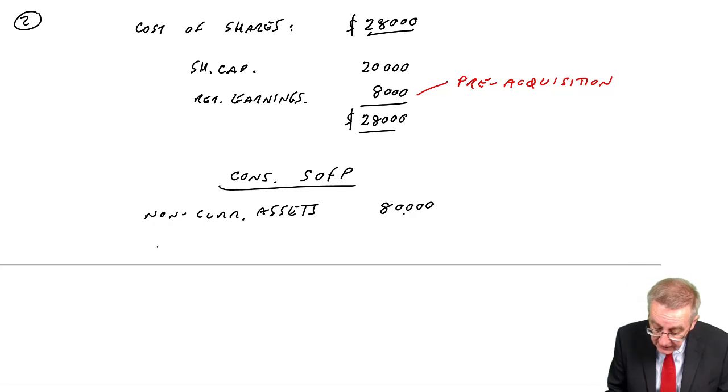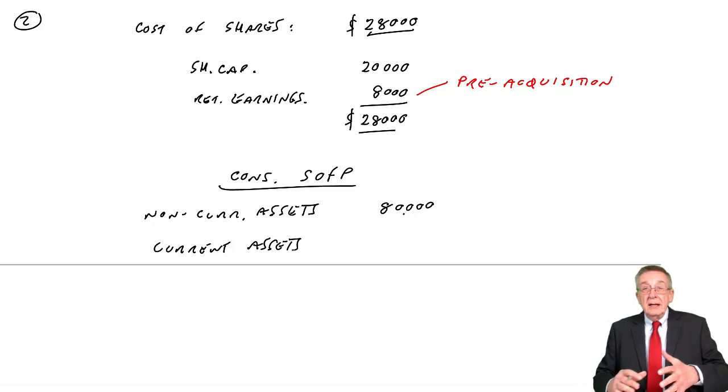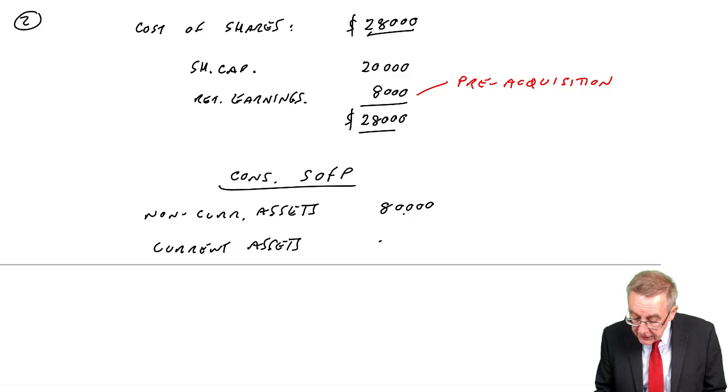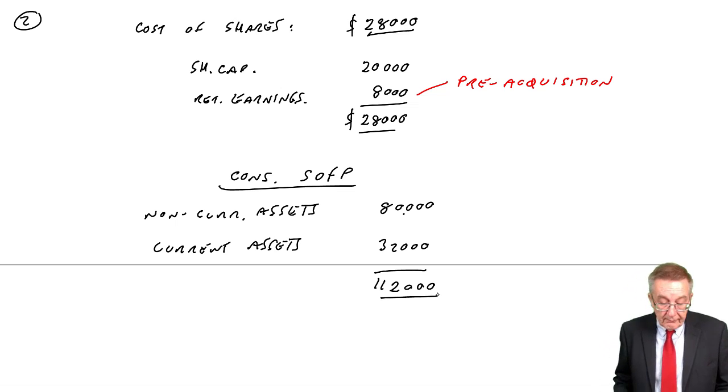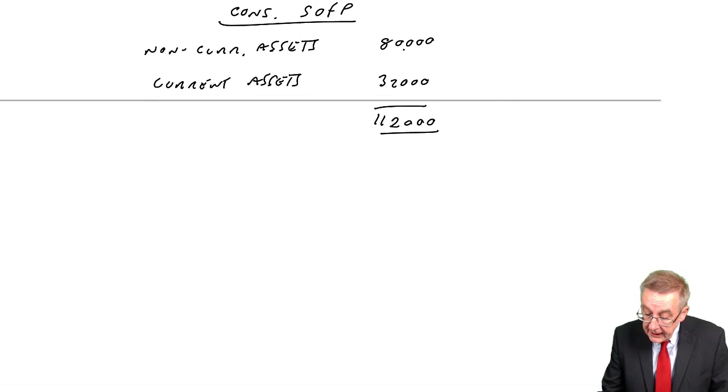But current assets, again, add up. 18 in P, 14 in S. So, for the group, as one big company, a total of 32,000. Carry on down. Share capital.